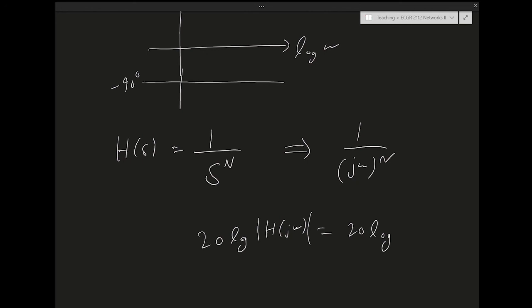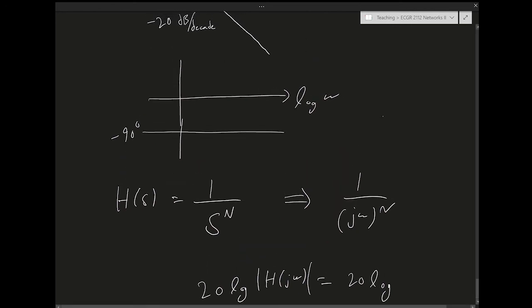Well, the thing here is, if you have a complex number z and you do z to the n, what's the magnitude of z to the n? This is equivalent to the magnitude of z to the power n, right? It has to be the same because this is just z times z times z, n times.